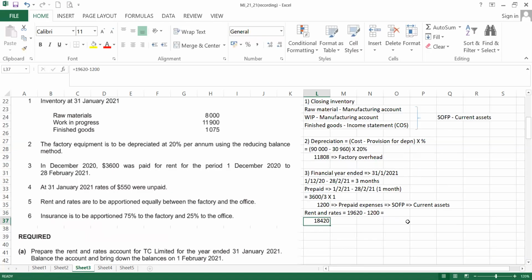So this is the amount for the expenses incurred for the year. So 18,420.